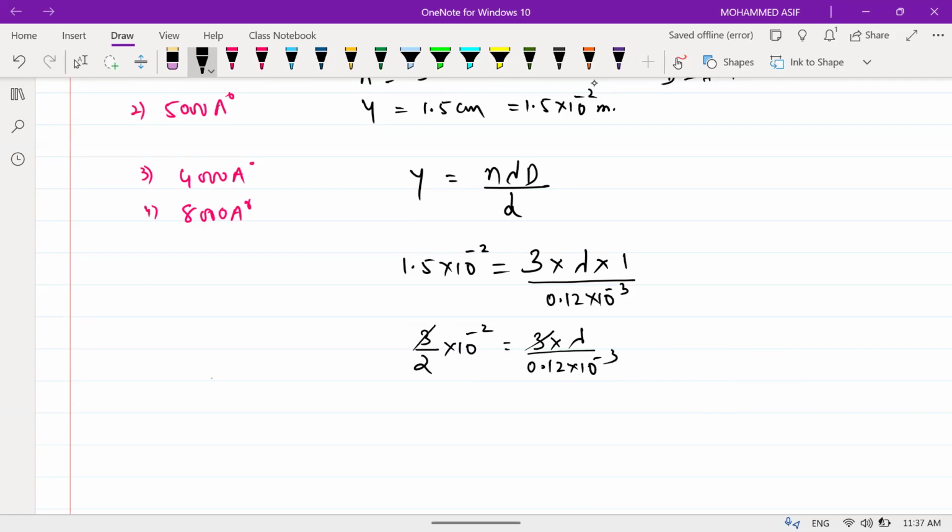This 3 will get cancelled. So this will be 2 ones. This is 0.6, so 0.6 is 10 power minus 2 here. This is 6 into 10 power minus 4. That is equal to lambda.